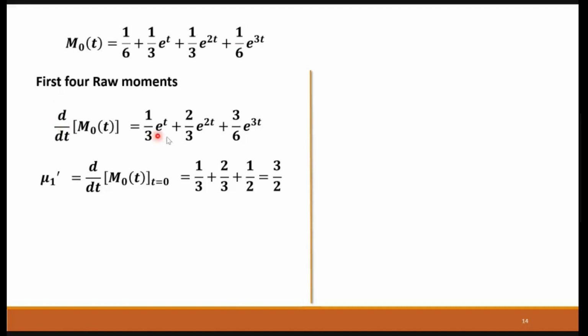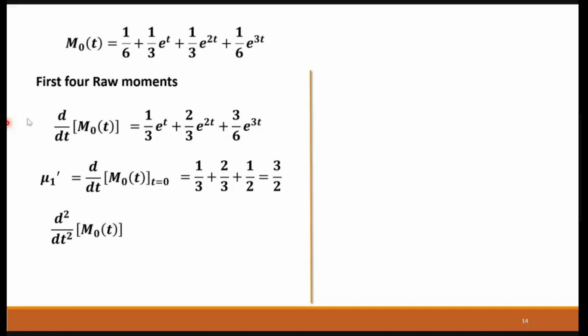तो जो हमारा d by dt मिला है उसको और एक बार differentiate करेंगे तो we will get mu 2 dash after putting t equal to 0. So we will differentiate this equation again with respect to t. तो d square by dt square of M0 of t निकालना है.